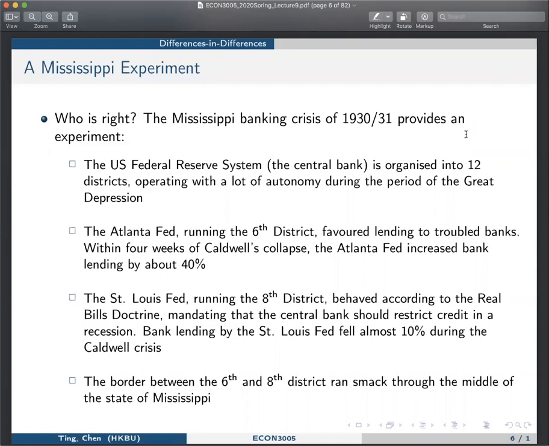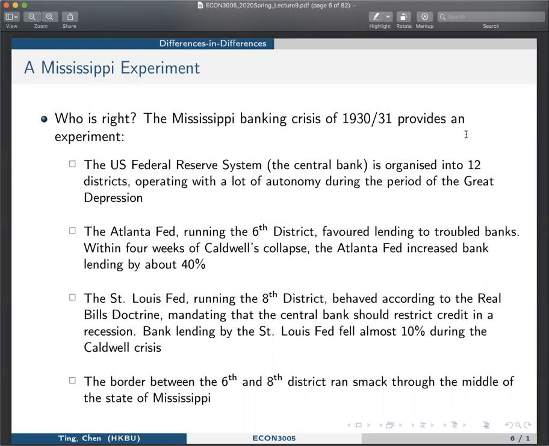At the time, the U.S. Federal Reserve System, literally the central bank of the U.S., was organized into 12 districts. So they separated the whole U.S. into these 12 districts. Each of the districts gathered the banking issues under their jurisdiction, so they were operating with a lot of autonomy during the period of the Great Depression in the 1930s.